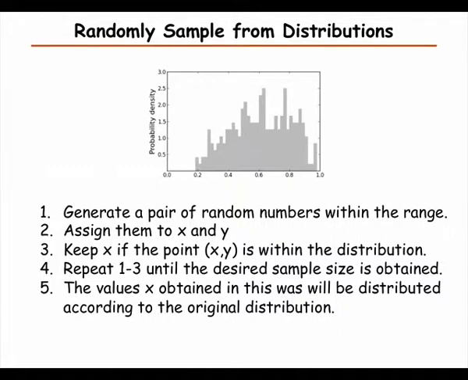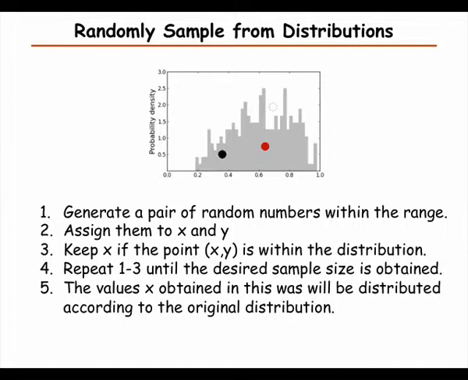So we've talked about this. If you have an arbitrary distribution, one way to sample from this distribution randomly is to first generate a pair of random numbers within the range of the x and the y, and then check whether this is under the distribution. If it's under the distribution, we keep it. If it's above, we throw it away.